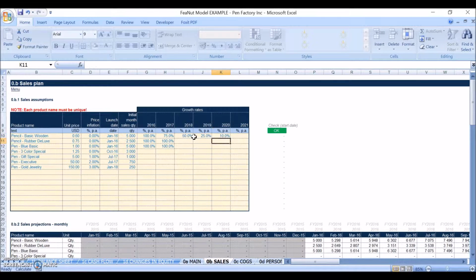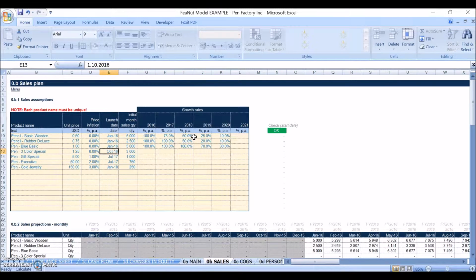So let's do something like this for the rest of the modeled periods. Actually, let's do something like this in here, and something like this in here.